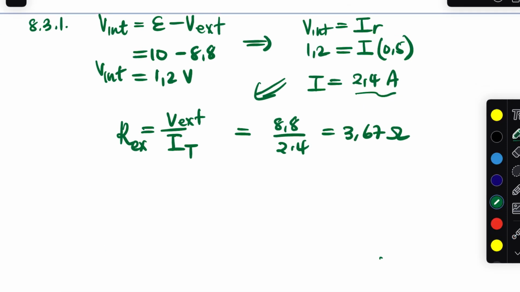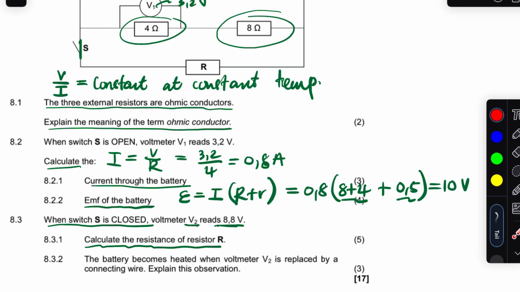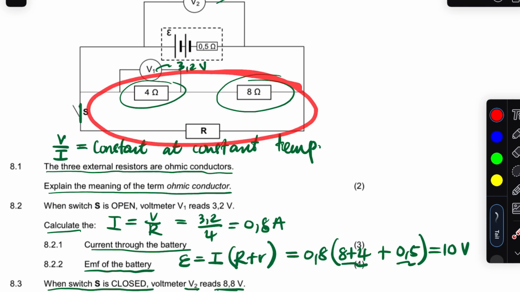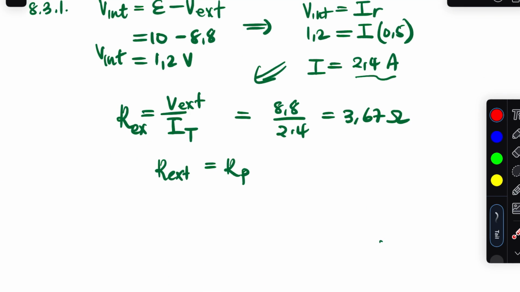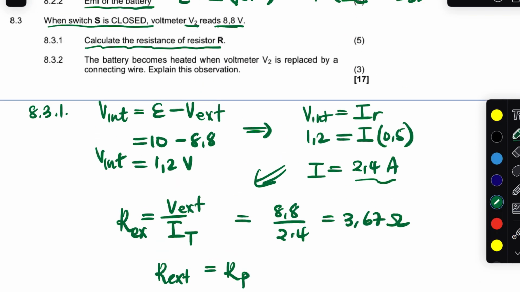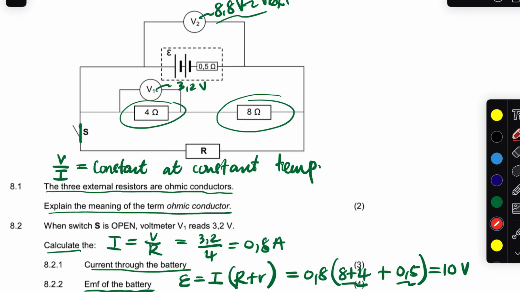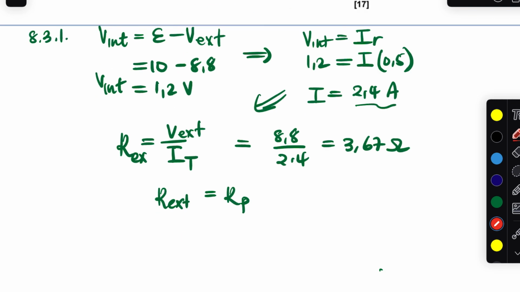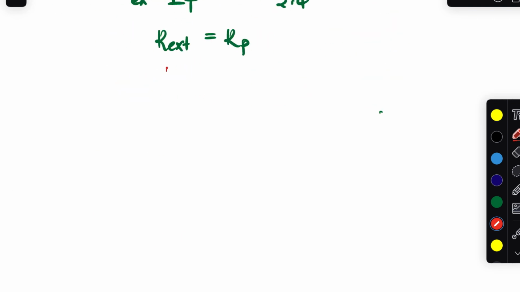So now, having that, I'll say the R external is equal to the R parallel. Remember, this is only parallel in the external circuit. So I'm going to label these resistors. This is resistor 1, this is resistor 2, and this is resistor 3.